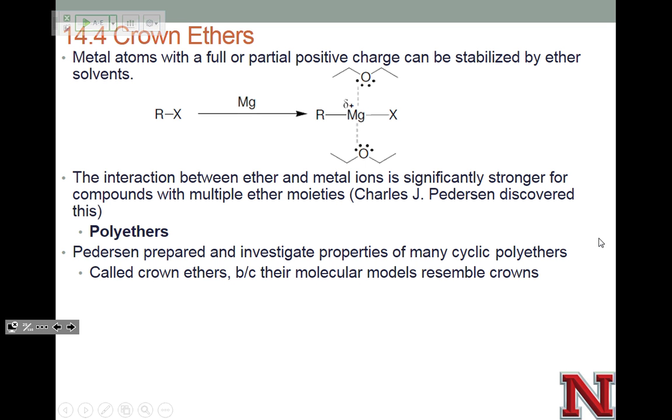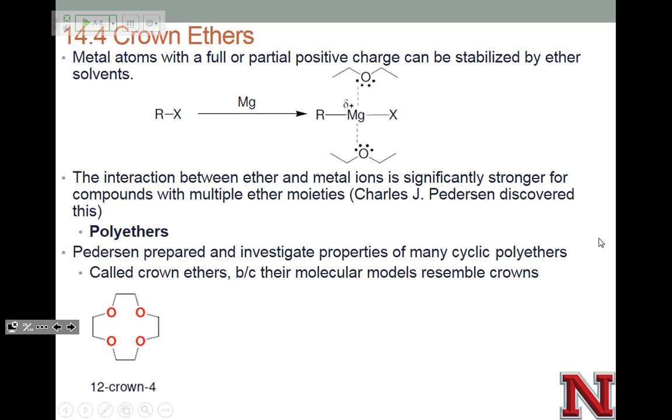A scientist decided to try to come up with a way to make even better ether-containing compounds for solubilization and also reactivity, not of the ether, but of the reaction that we're talking about. So what he looked into was making cyclic ether compounds to help solubilize certain metals. And we're going to talk about why some of these are really important in reactions.